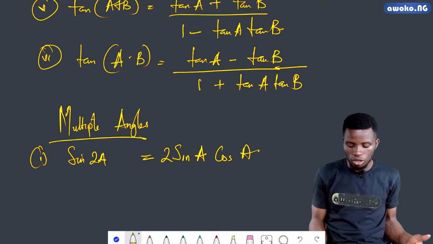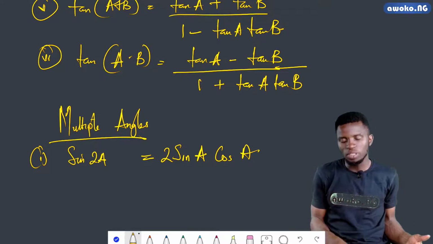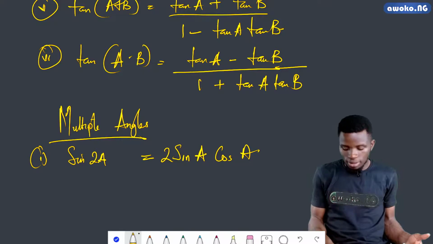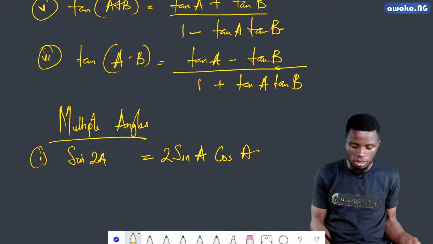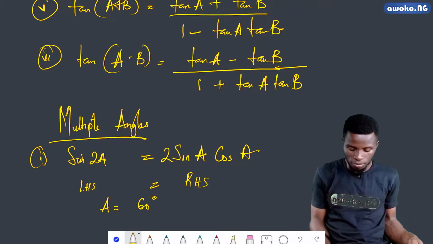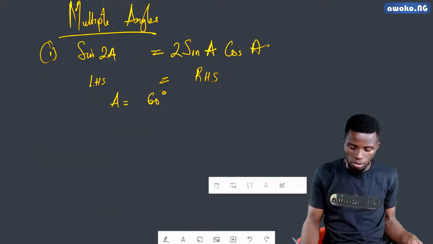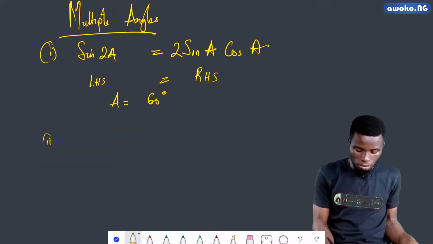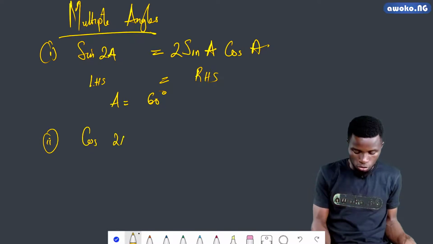To solve it, it will be 2 times sine theta cos theta. Okay? So if theta is 60, we have sine 2 theta, which is sine 2 times 60, equals 2 times sine 60 cos 60. Of course, the left hand side must be equal to the right hand side. You can check that by assuming that A equals 60 degrees.